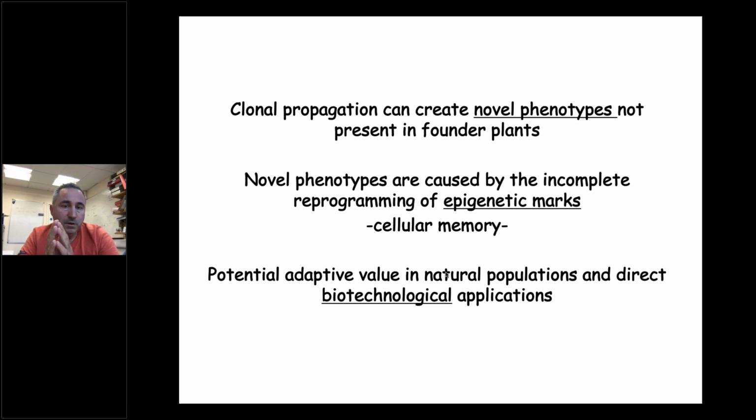These novel phenotypes are in fact caused by the incomplete reprogramming of these epigenetic marks in the progeny, which suggests that in plants there is good evidence for cellular memory to be passed on over multiple generations. This could be the case in animals, but it's much more difficult to test. What is interesting biologically is that there is a potential adaptive value in natural populations, and of course, a direct biotechnological application for this.